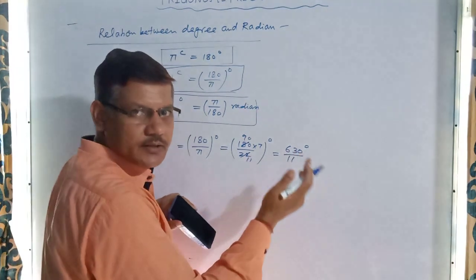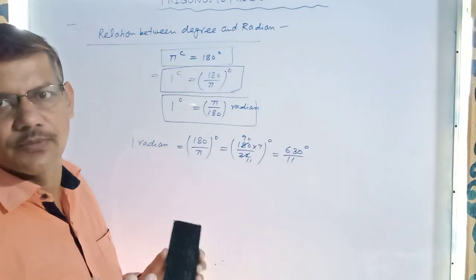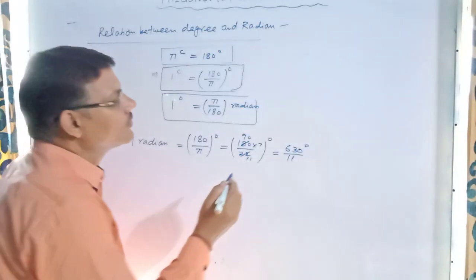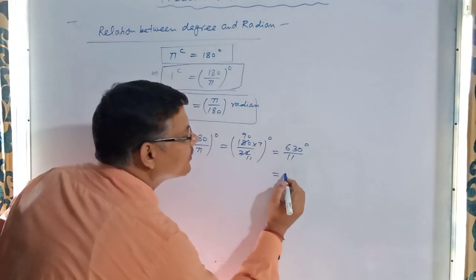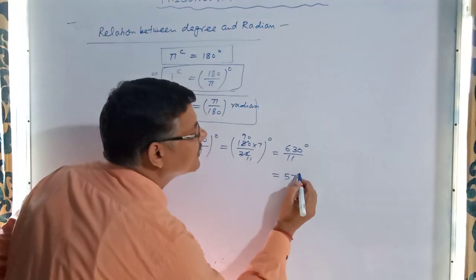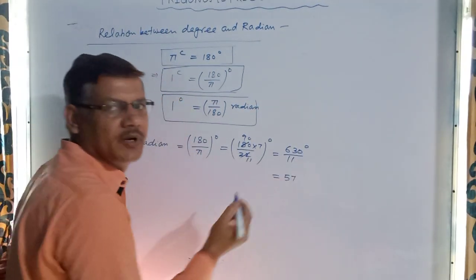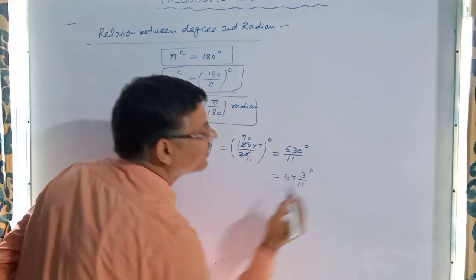Since there are smaller units of degree, that is minute, and after that second, I divide 630 by 11. So we get 5 elevens are 55, then 8 sevens are 56, then what about the remainder? That is 3 by 11 degree.